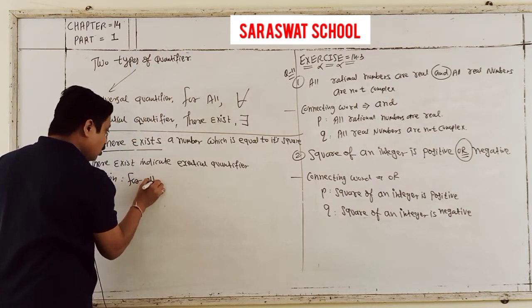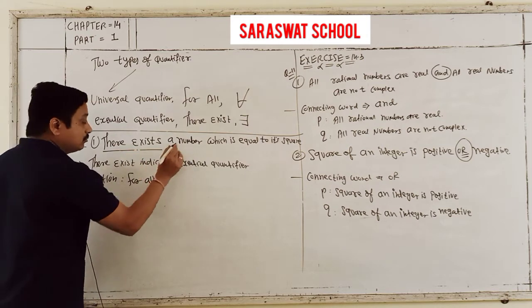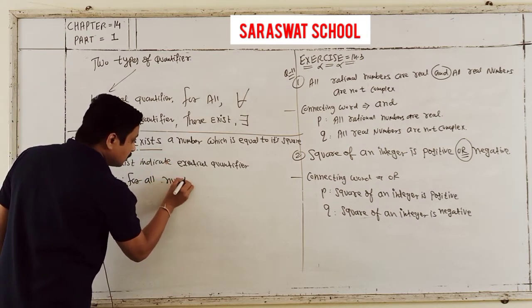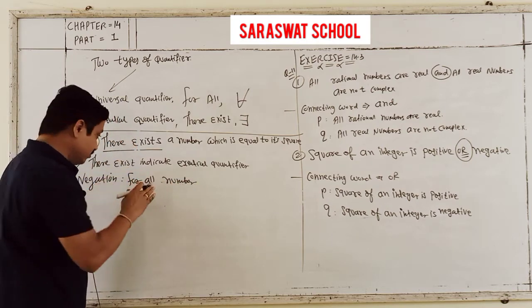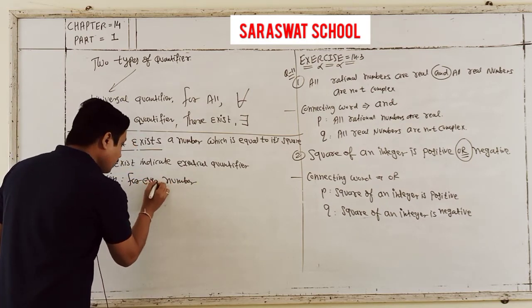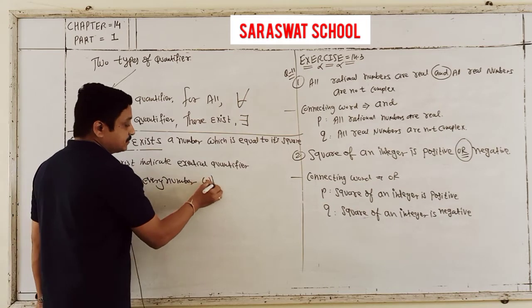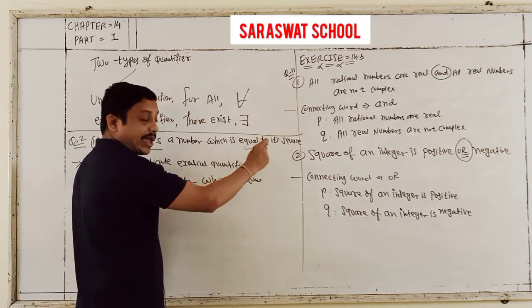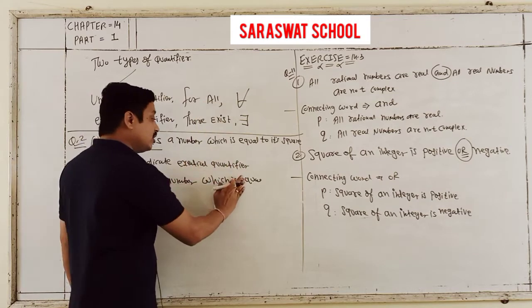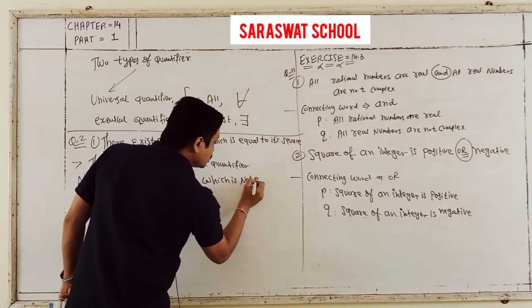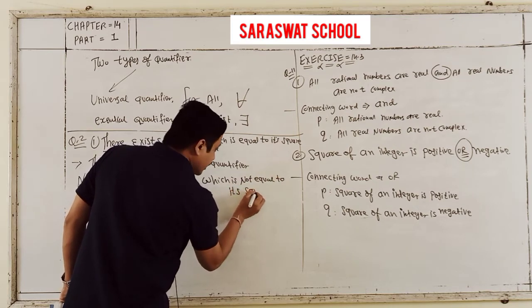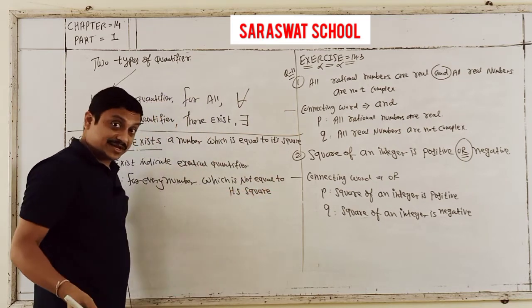So for all numbers, or write for every number, which is equal to its square, but I write which is not equal to its square. That's my answer.